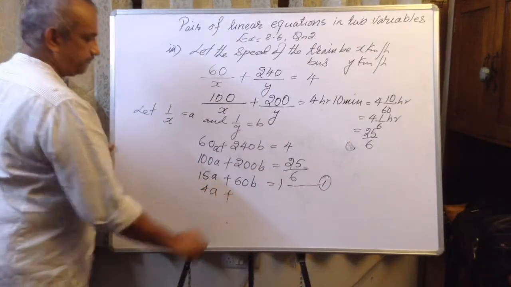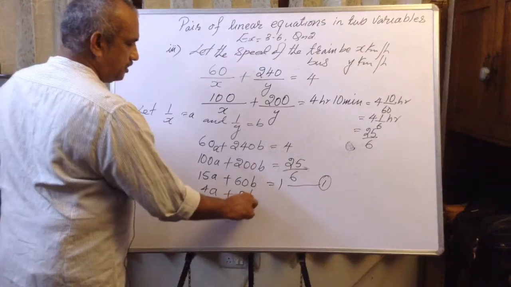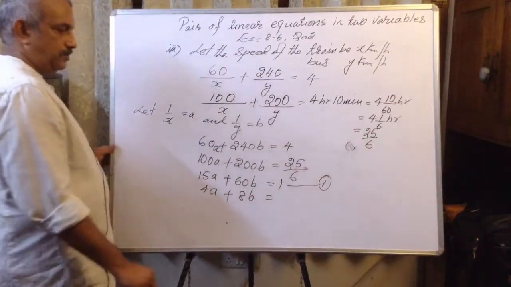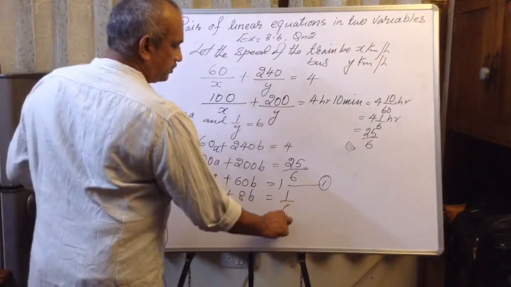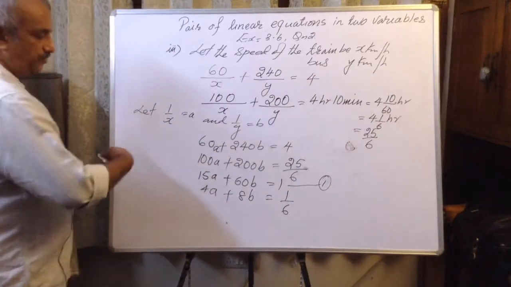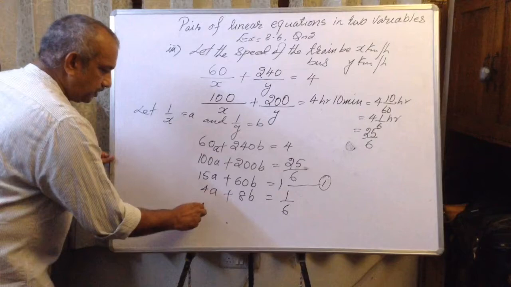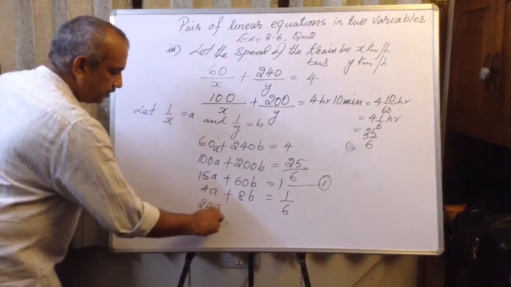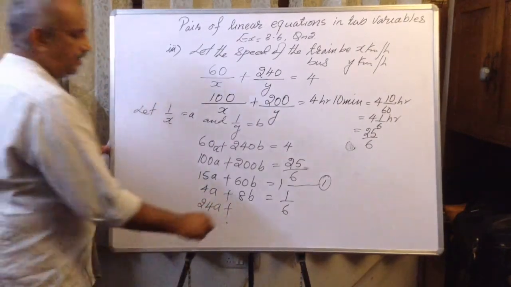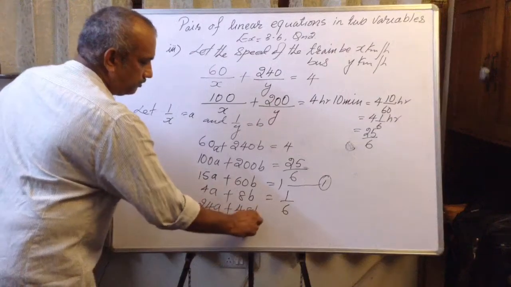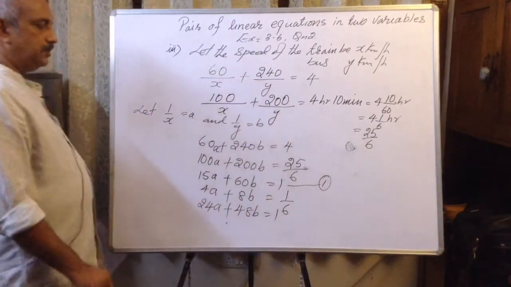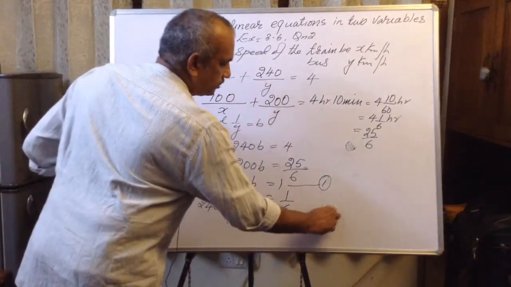4a plus 8b is equal to 1 upon 6, or if you want you can bring it here and multiply. 6 4s are 24a plus 6 8s are 48b is equal to 1. I am taking this one as the second equation.